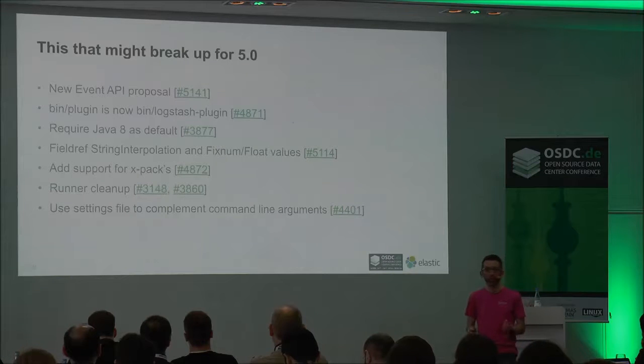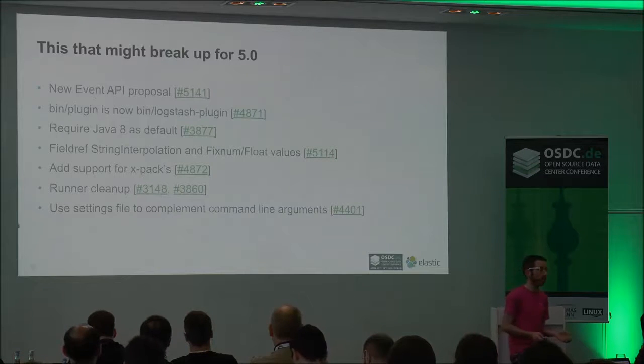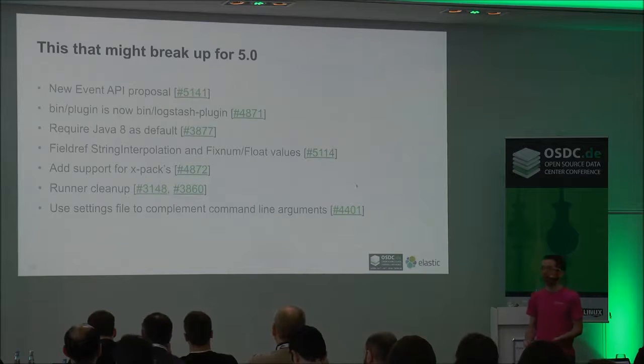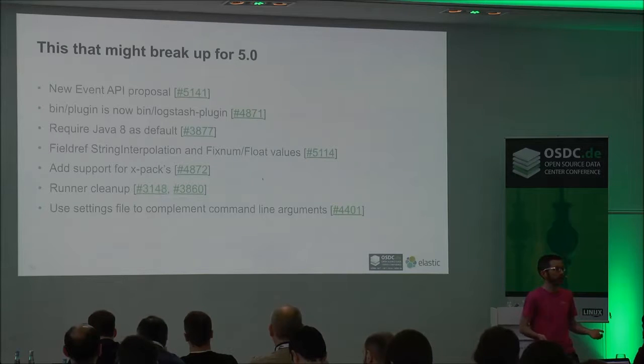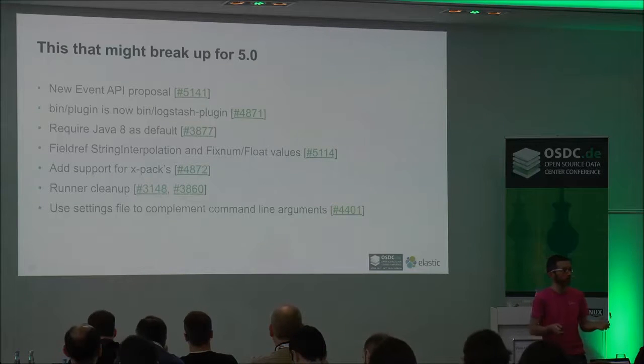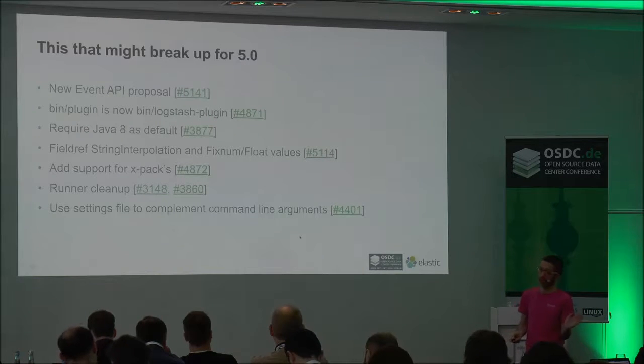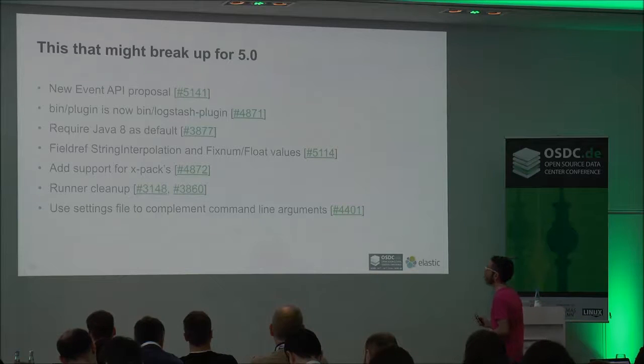If you had a Logstash configuration that did these mutation events, this is going to break in 5.0. You're going to start your old configuration and Logstash is going to complain. As I said before, Beats plugins are now Logstash plugins. We require Java 8 because, as all of you know, Java 7 is end of life.